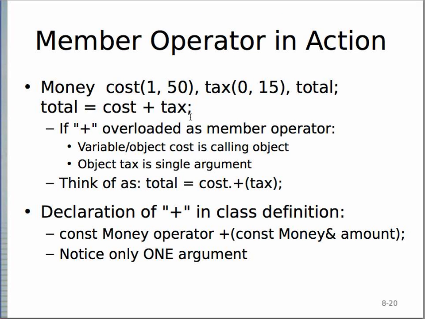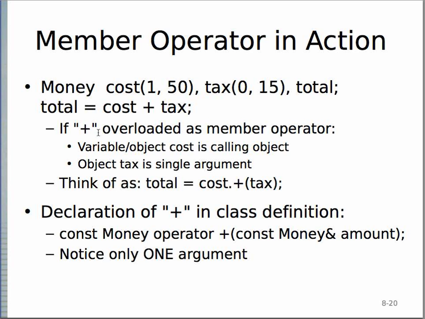Okay, so how would we set up the plus operator? We did that in the second video in this set of lecture notes. Let's say we have two objects, cost and tax, with different dollar and cent amounts. The way we want to use the plus operator is the same as with the standalone function. There's actually no difference. We say one object plus some other object.